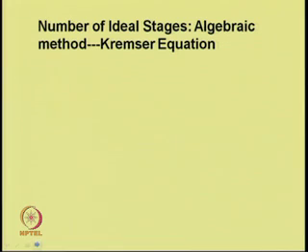Now, we will discuss how we can determine the number of ideal stages by the algebraic method, which is commonly known as the Kremser equation.